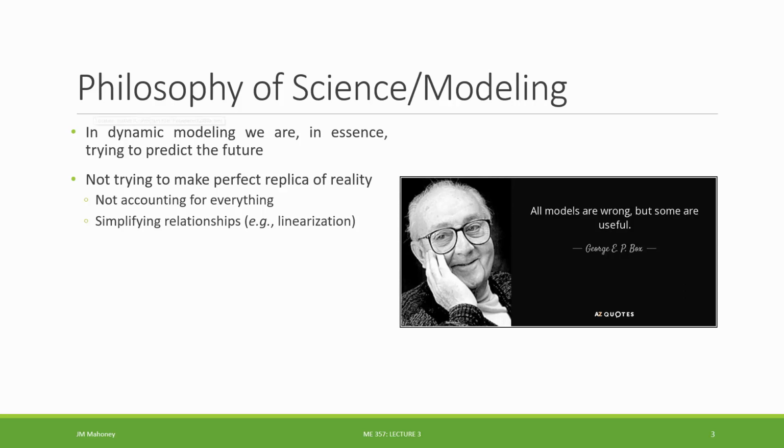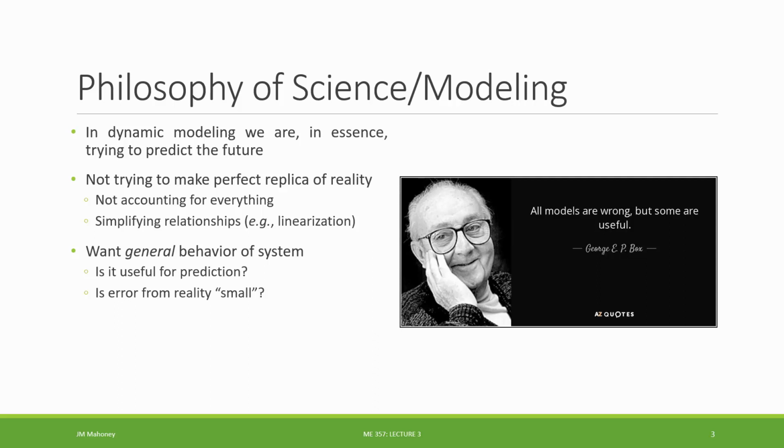Can we make a model that is going to give us the general behavior of the system? Really what it comes down to is: is the model we're making useful to make predictions with? And is the error from reality when we validate our model versus the real world going to be sufficiently small? And here small is in quotes because it's really going to be relative to the problem that we're looking at. What do we consider a small amount of error?